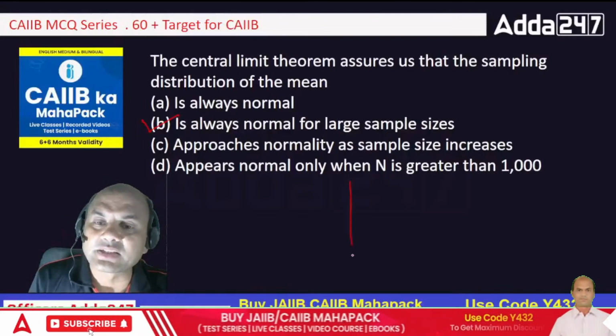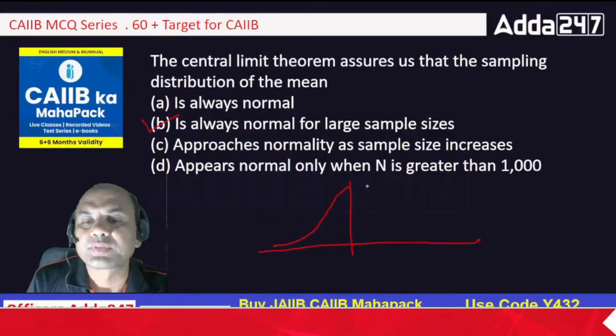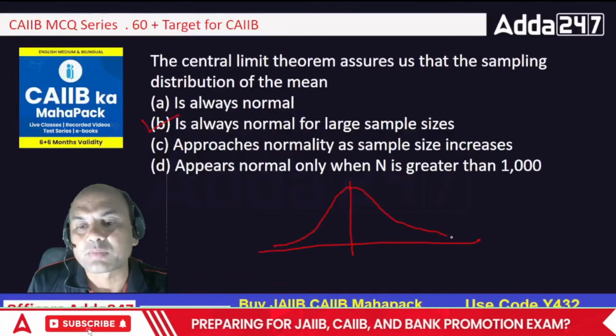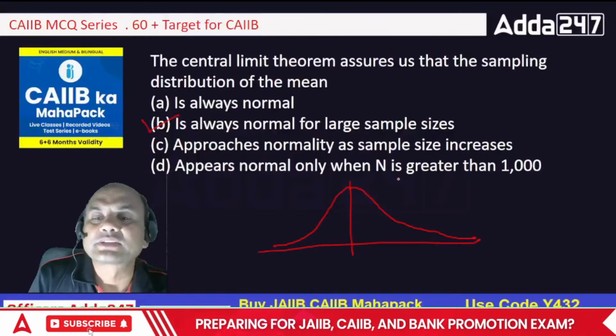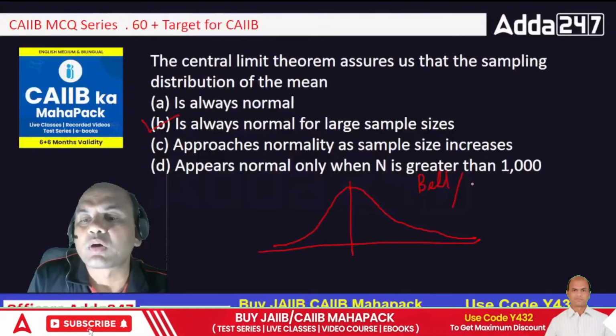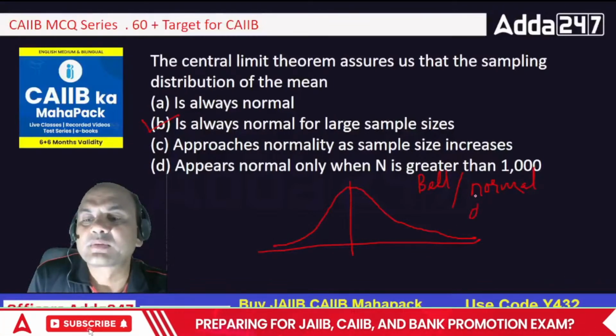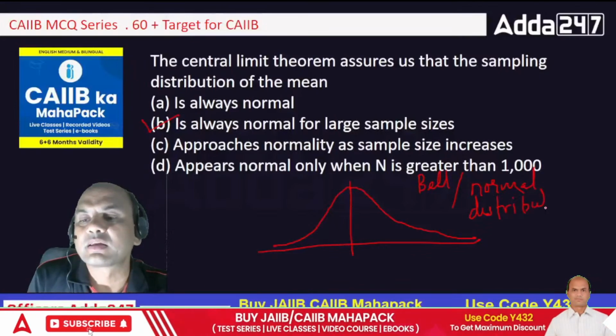Now what do you mean by this? See this, normal distribution means what? This is the bell curve, and this is known as the normal distribution curve. This is what is meant by the central limit theorem.